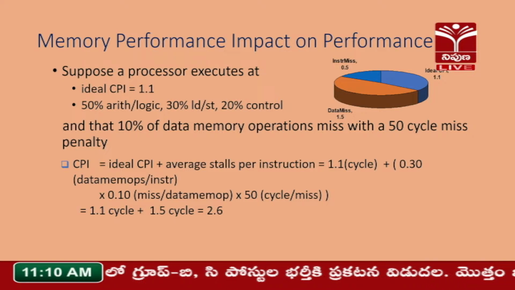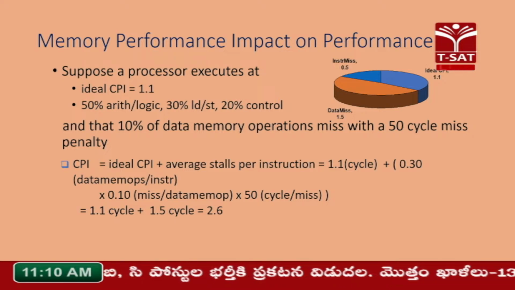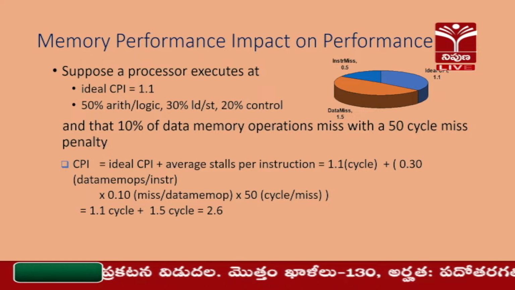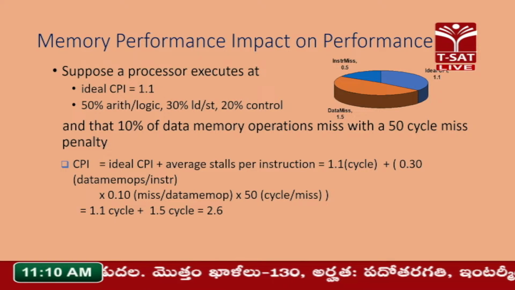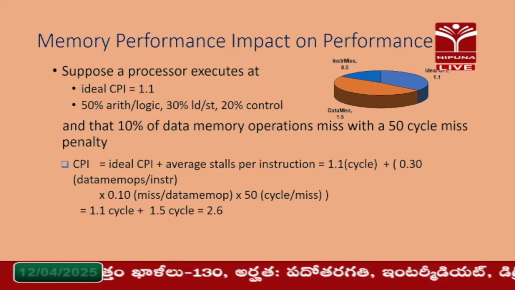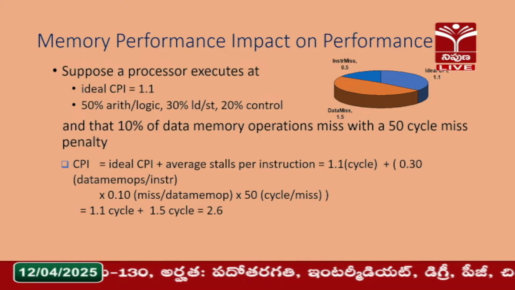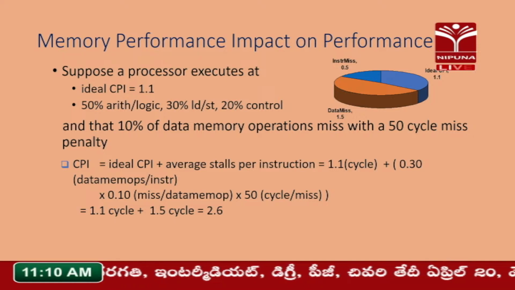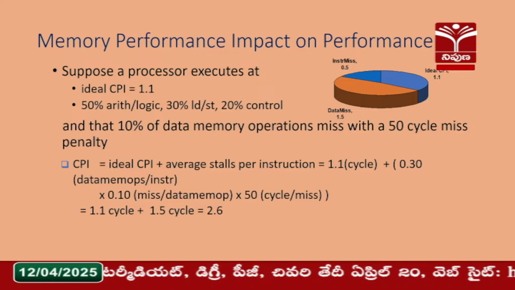So on a 1.1 ideal CPI, with this particular mix, we have gone to a CPI of 2.6, just like that. And how do you improve this? Anytime the miss penalty is closer to 0, the CPI gets closer to 1, and we are again going back to the ideal CPI, because you have 0 miss penalty.